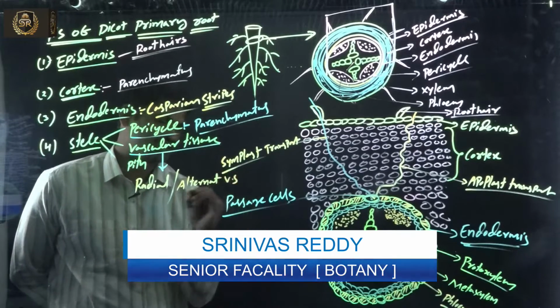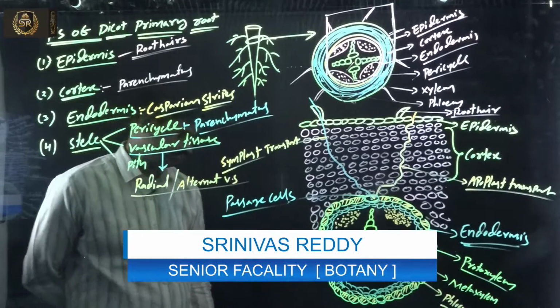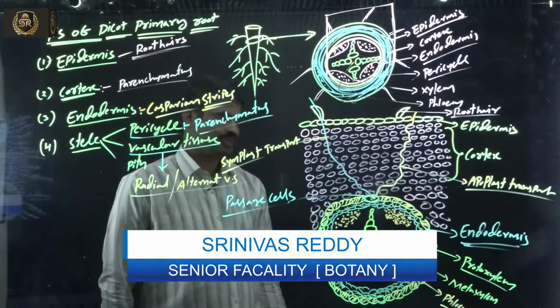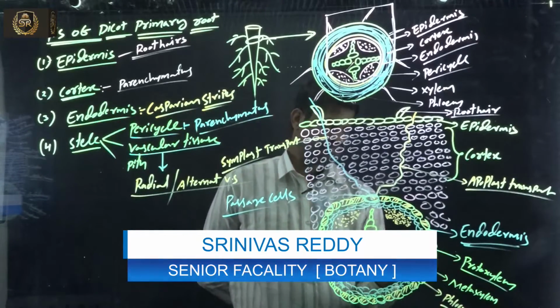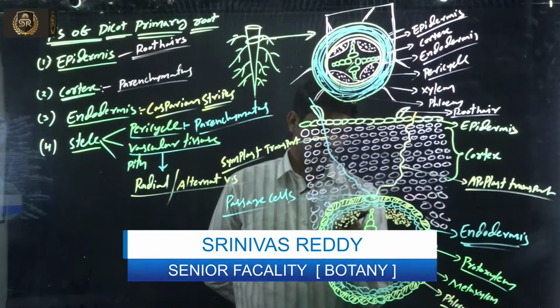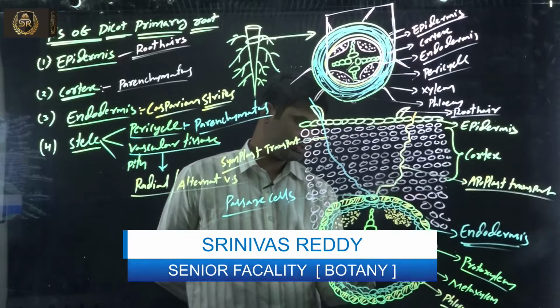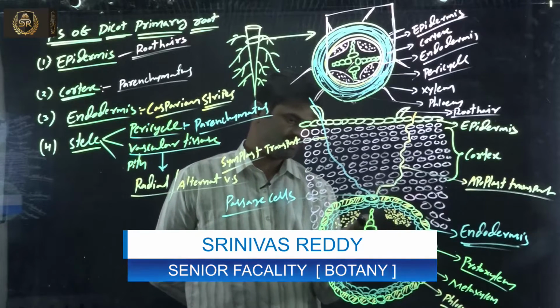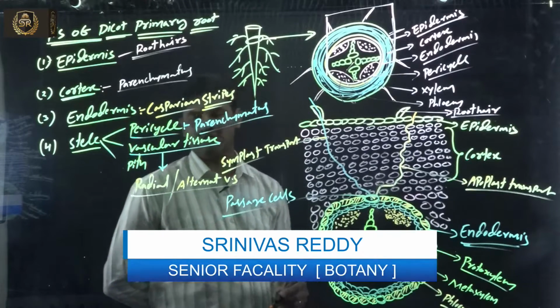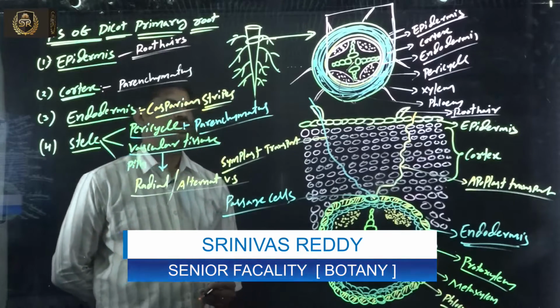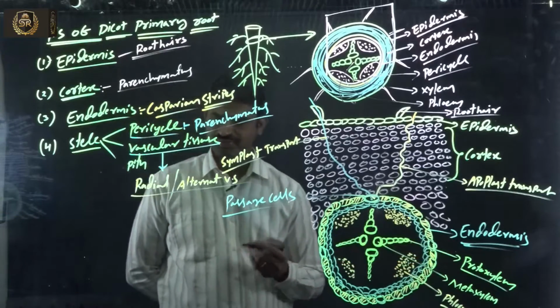This is phloem, xylem, phloem, xylem, phloem, xylem. This is called alternate or radial vascular bundle.